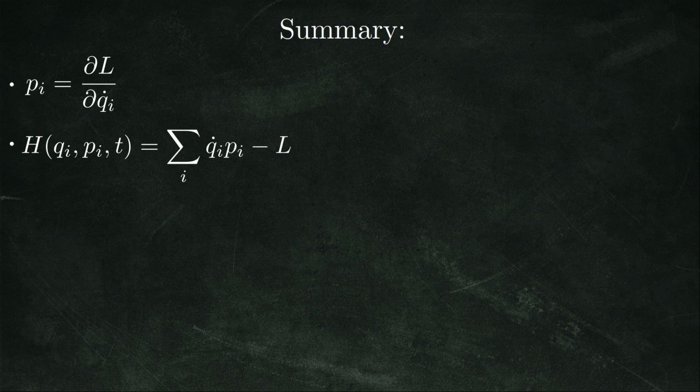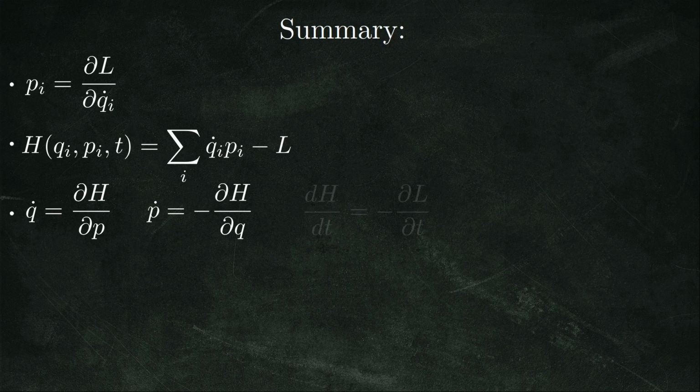And then finally, we have the equations of motion in terms of the Hamiltonian, otherwise known as Hamilton's equations, and they are q dot equals dH/dp, p dot equals minus dH/dq, and then the rate of change of the Hamiltonian along a trajectory, so the total derivative of the Hamiltonian, equals minus dL/dt.